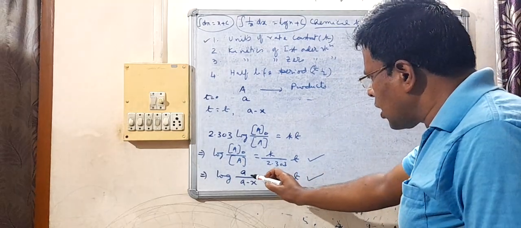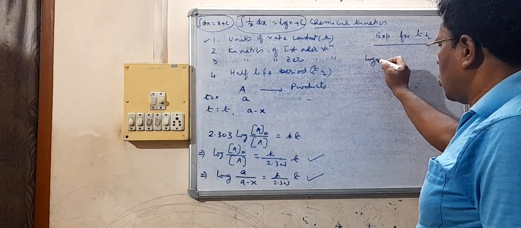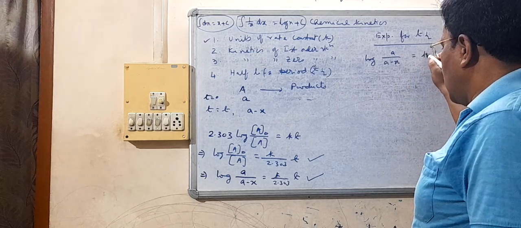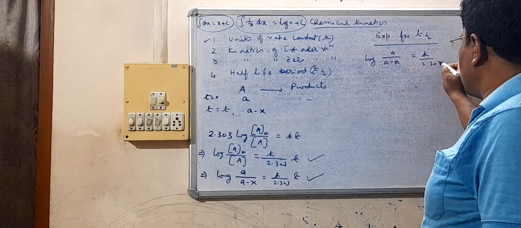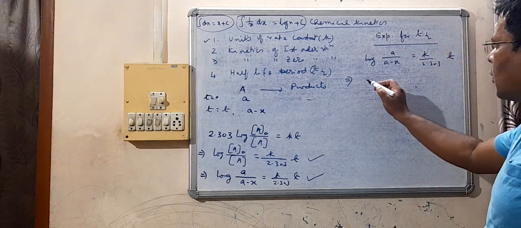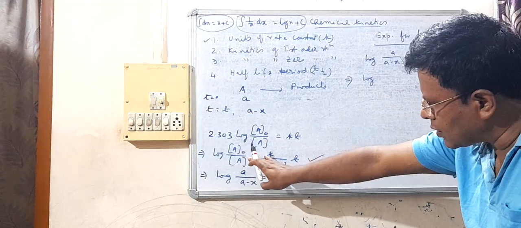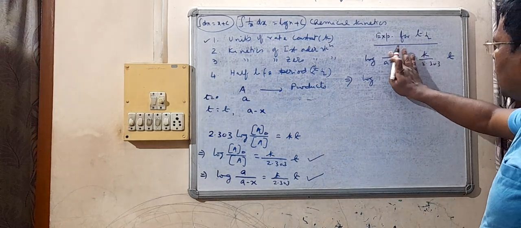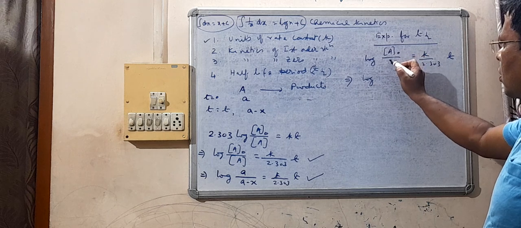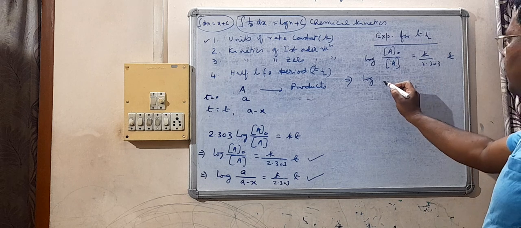We can start with log A by A minus x is equal to K by 2.303 into T. I think it will be better if I start from this one. Let's start with this one.